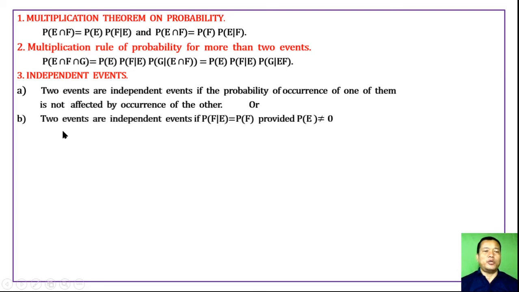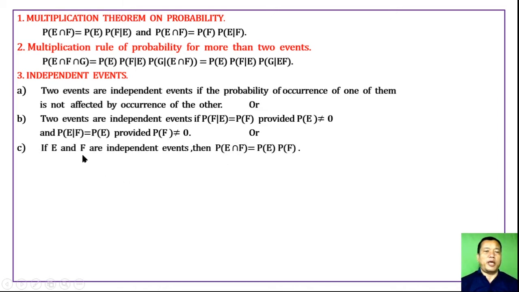Or two events are independent events if P of F by E is equal to P of F, provided P of E does not equal 0, and P of E by F is equal to P of E, provided P of F does not equal 0. Or if E and F are independent events, then P of E intersection F equals P of E into P of F.